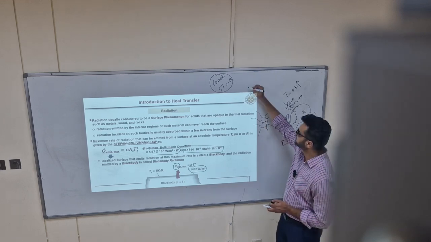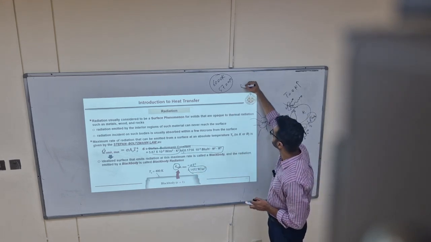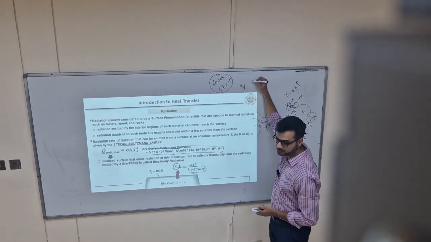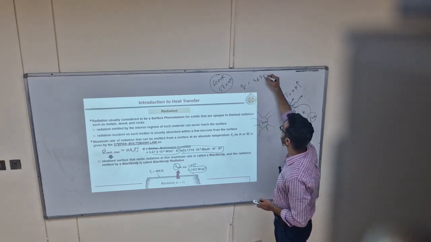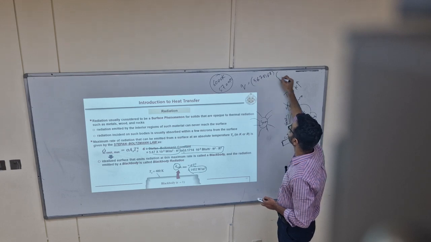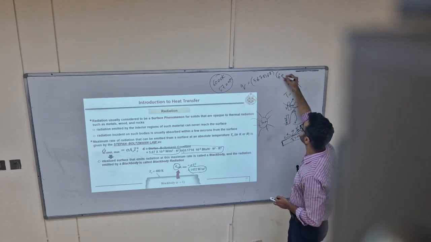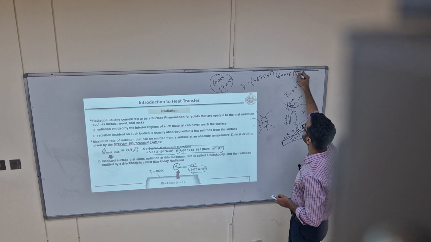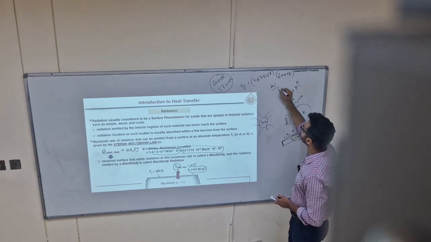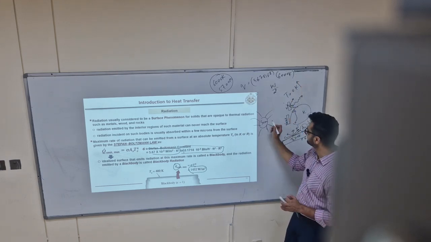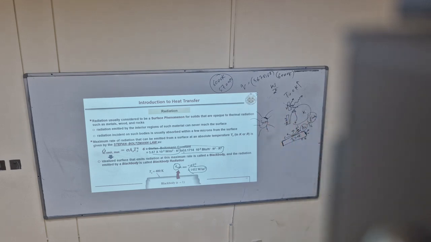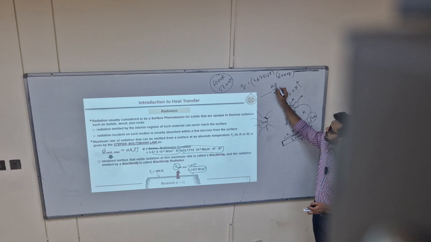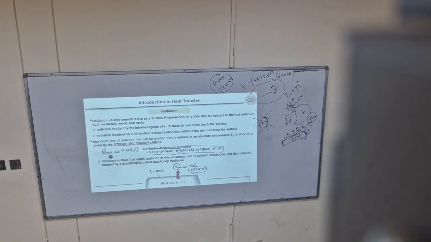So we can find out the maximum possible radiation emitted by the sun: 5.67 × 10 to the power minus 8 times 6000 Kelvin to the power 4. The answer is this many watts from 1 meter square of the outer surface of the sun, almost.